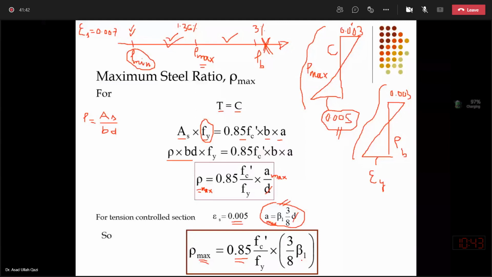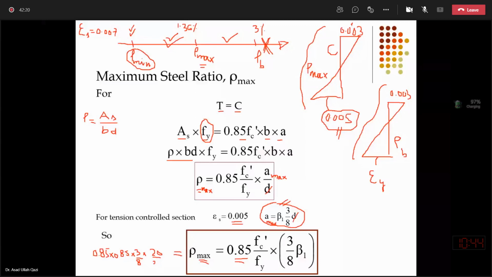With this information, now if I ask you, for our example beam with the known material grades, can I calculate rho max? We had 0.85. Our beta 1 is also 0.85 because concrete grade is 20, into 3/8, into 20 over 300. Our steel grade was 300.